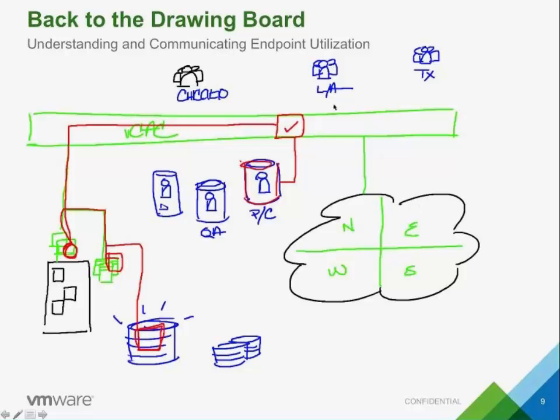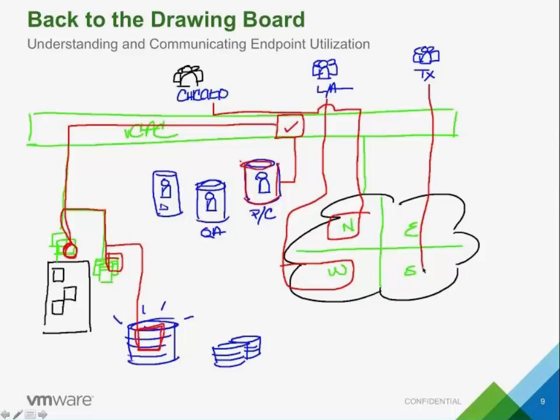So we could have users from Los Angeles getting access to the web app in a Western hybrid data center. We could have users in Chicago getting something up here inside of the north. And we could have users in Texas accessing in the south. And then even being able to do things like spill over, as needed.